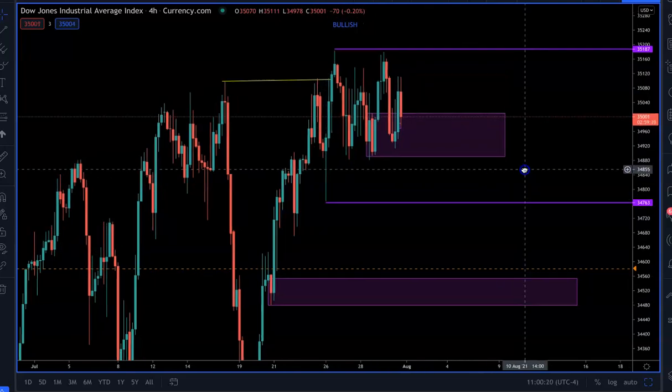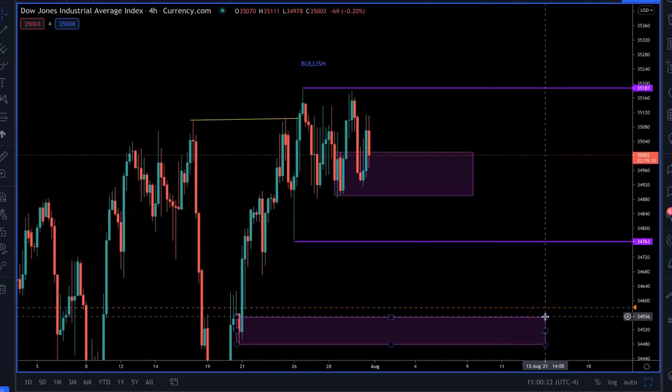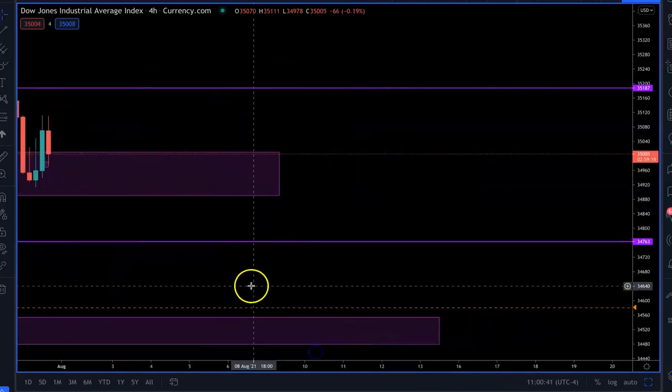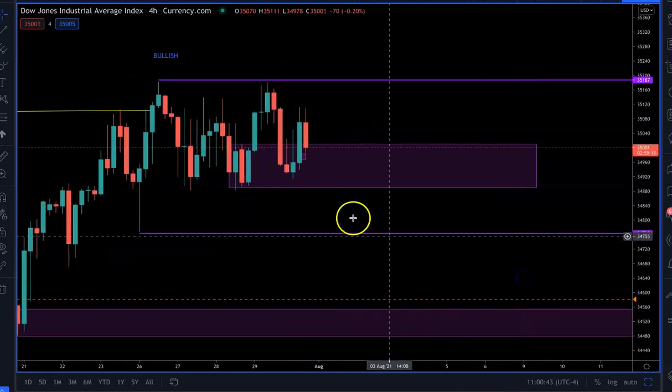Okay? So I'm not as active as I was in the past because I'm focusing on higher time frame order blocks, also known as my point of interest. So we got an order block, and here it is.